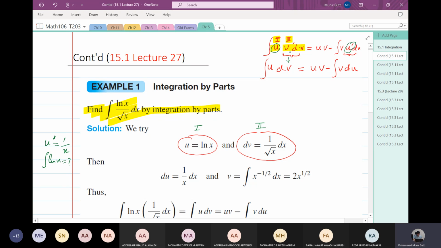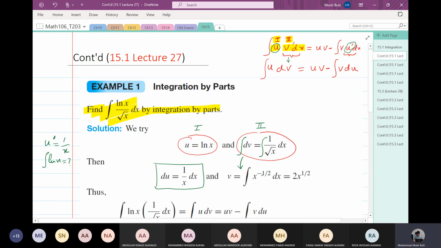Otherwise, because here you see v dash dx and we will write it as dv. So here you will see what I mean. When you take the differential of this u, du, the differential of ln of x is 1 over x dx, and now when you integrate this one, what will you get?